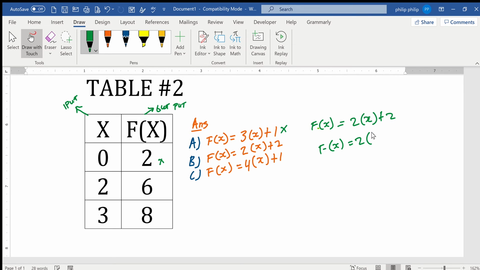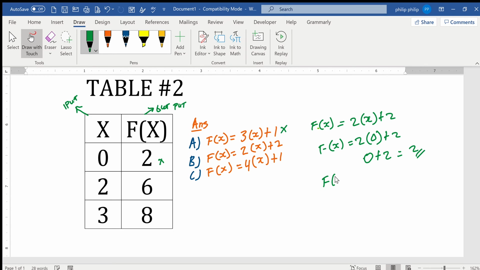Our first input value is 0 plus 2. Now let's prove this. 2 times 0. 2 times 0 is just 0. Remember I said 0 times any number is 0. Right, plus 2 is equal to, it's just 2, right? 2 plus 0 is 2. 0 plus any number is that number.